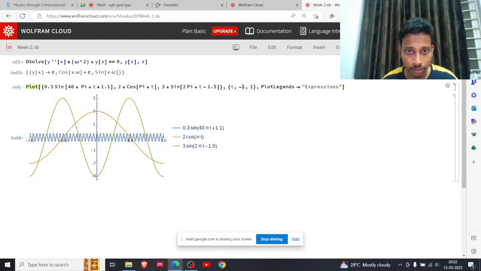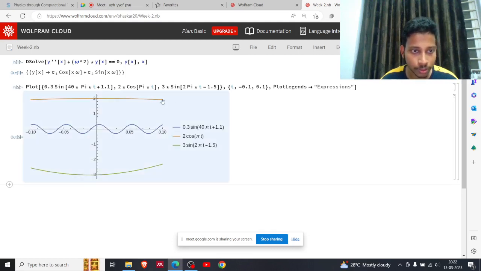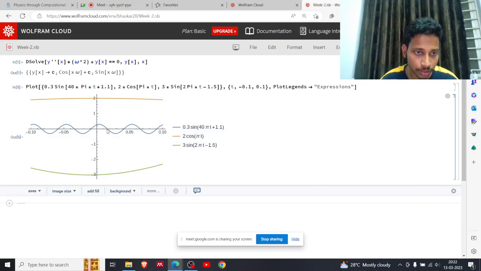If we zoom in here, we can see that this oscillation is not exactly maximum at 0, or minimum at 0, or 0 at 0. So we can say there is a certain phase.